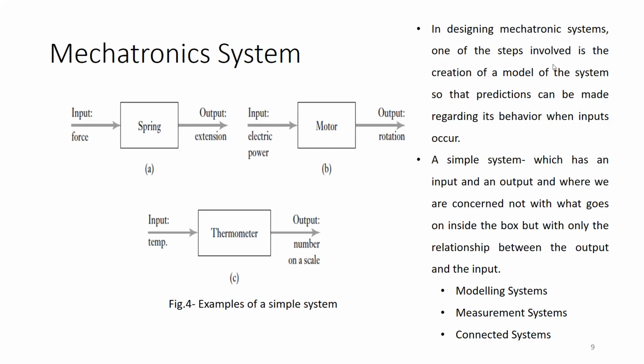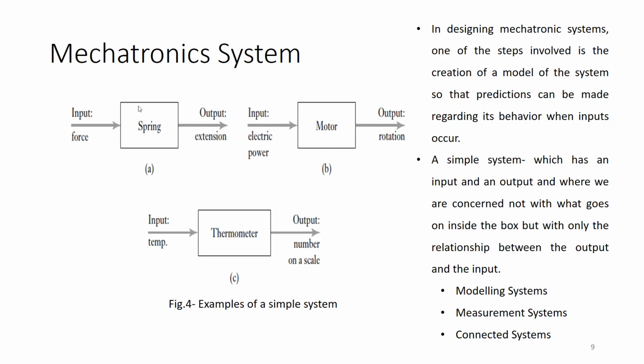A simple system, we will just see the definition, has an input and an output, and we are concerned not with what goes inside the box. We are just concerned with the type of input and the output which we are getting. The box just gives the relationship between the input and output.